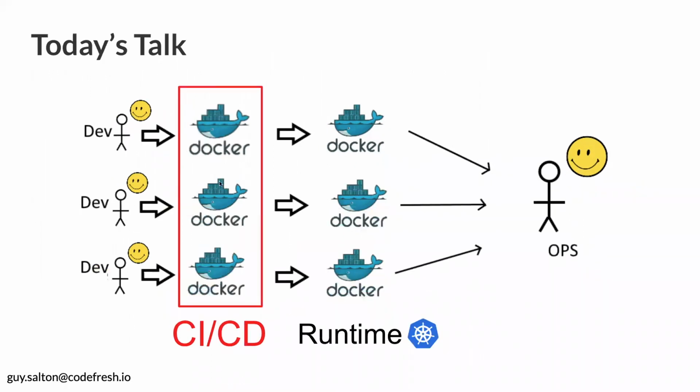Again, this is the part that we will focus on. This is what the talk is about: how to use Docker in CI/CD pipelines and make sure that all tools that take part in the pipeline are packaged in Docker containers. We're going to see some advantages of why this is important and how we can help developers and operators.